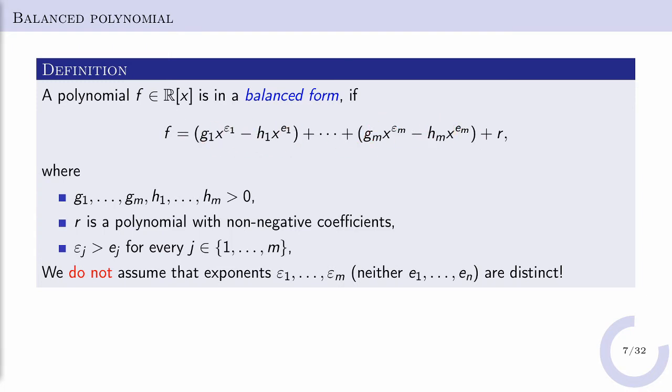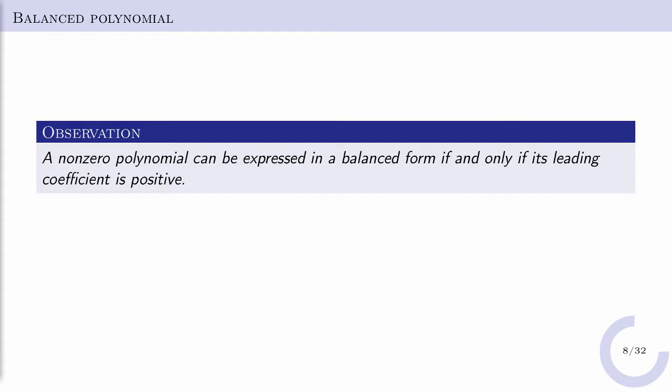And the first observation says that the polynomial can be expressed in a balanced form if and only if the leading coefficient of f is strictly positive. So let me prove this. First, assume that the leading coefficient is strictly positive. So f_n, which is the leading coefficient of f, is strictly positive.